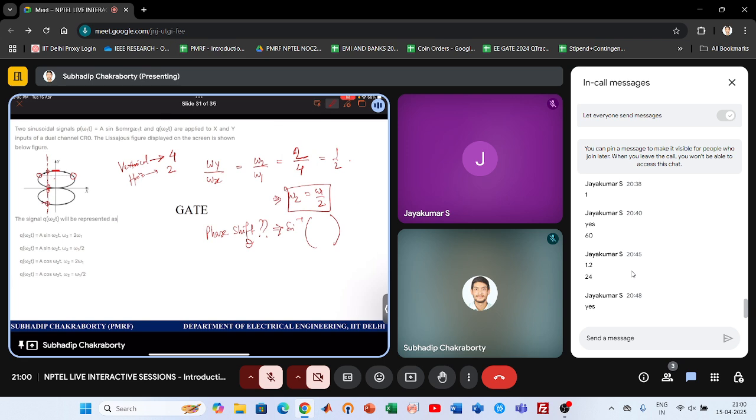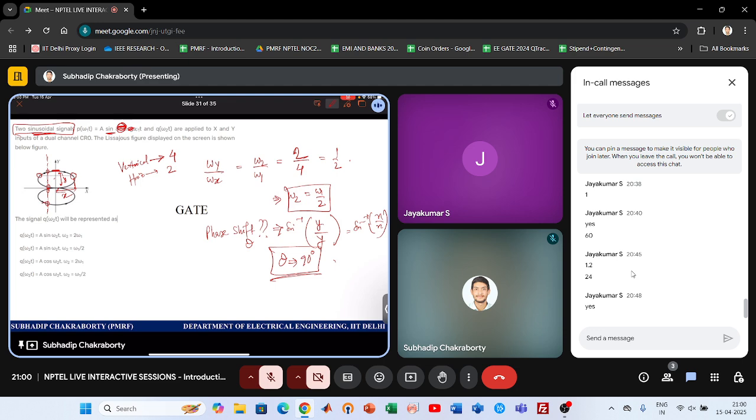So you can plug in y by y, or x by x, where this length is x and this length is y. So it is nothing but 90 degrees, right? There is a 90-degree phase shift, and they have already given that the 2 signals are sinusoids, so only the phase shift is required. So a phase shift of 90 degrees means this will be theta, right?